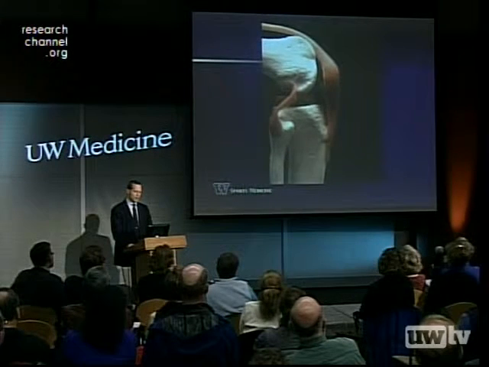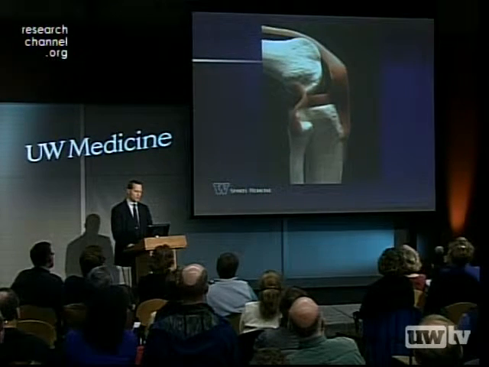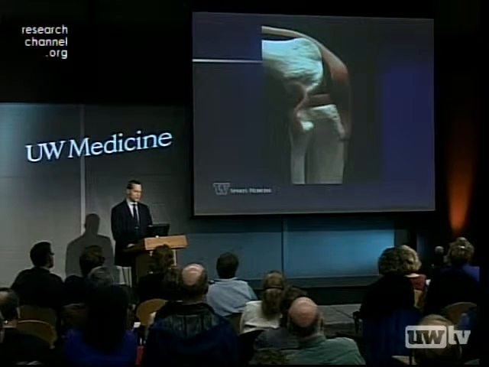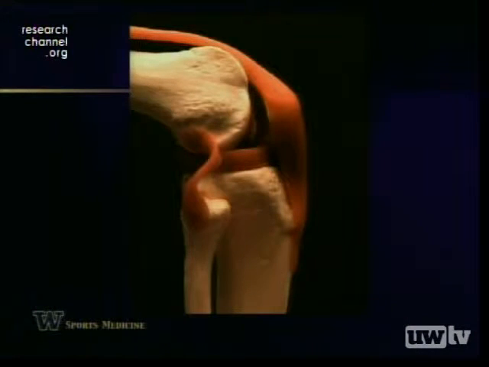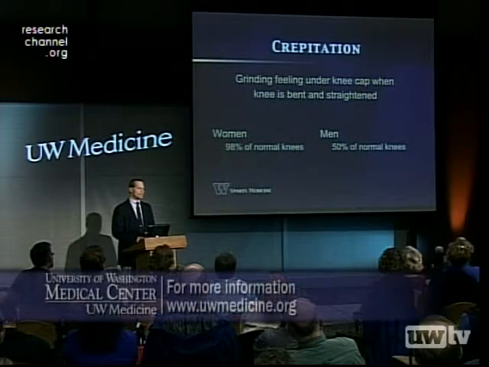When you bend the knee and move the shin bone forward, the anterior cruciate ligament gets tight, and when you move it backwards, the posterior cruciate ligament gets tight and prevents that motion. So that's a brief look at the anatomy of the knee.